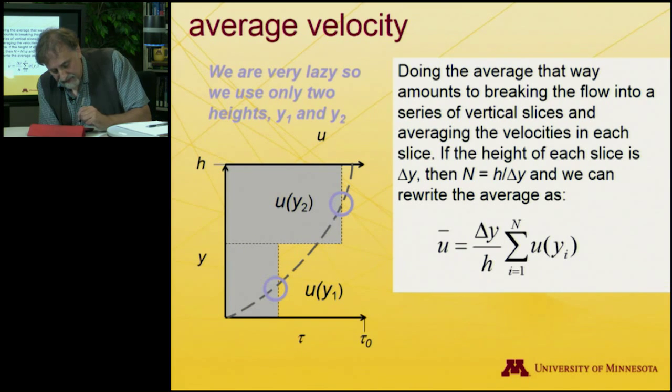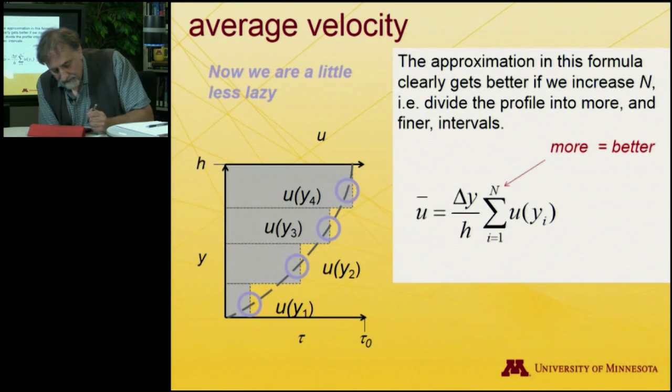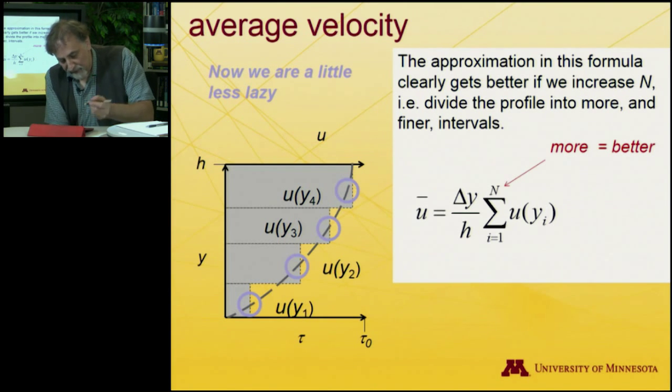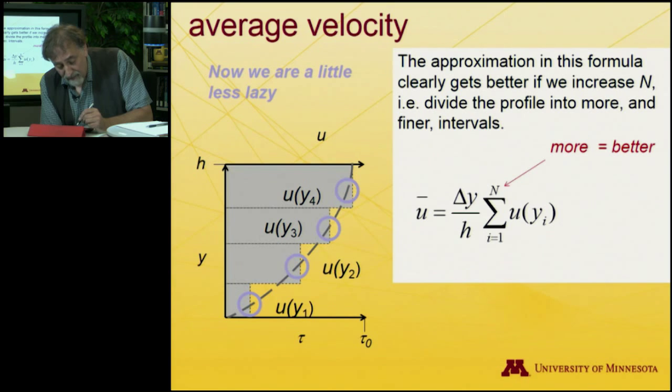So, okay, onward and upward. But as advertised, we had some coffee and we felt guilty about only using 2, so maybe we decided, okay, we'll do 4 velocities and get a slightly better number. And you can see that here. Now I've done 4 velocities, and you can see I've got 4 little segments, 1, 2, 3, 4, and each one of those is delta y high. And of course, now we've divided our same total height into 4, so delta y is smaller.